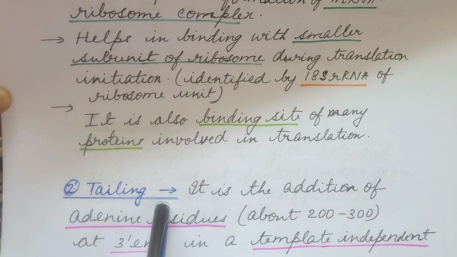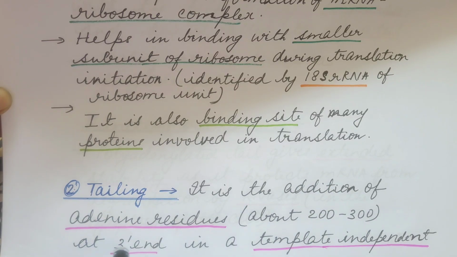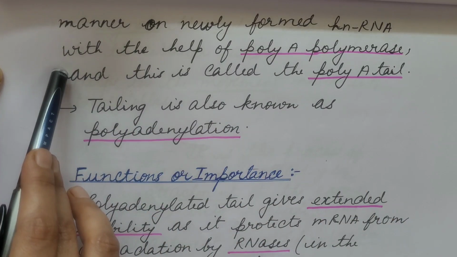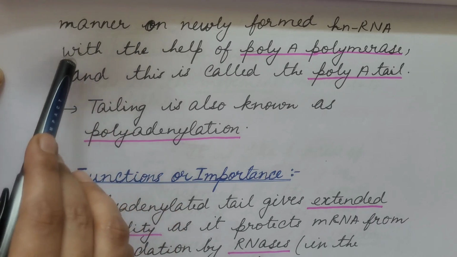Now, the second process is tailing. It is the addition of adenine residues, about 200 to 300, at the 3' end in a template independent manner on newly formed HnRNA. In this, a template is not required. It occurs independently.